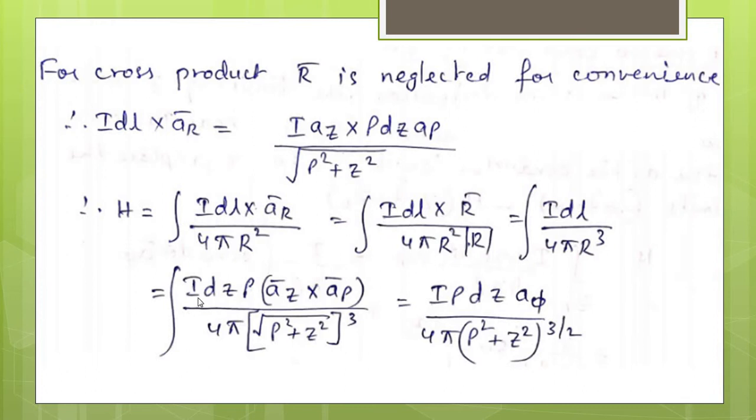So this is I dz rho az cross a rho divided by 4 pi. In place of magnitude of R we need to put rho square plus z square whole cube. So here we get I into rho into dz into a phi by 4 pi times rho square plus z square whole power 3 by 2.